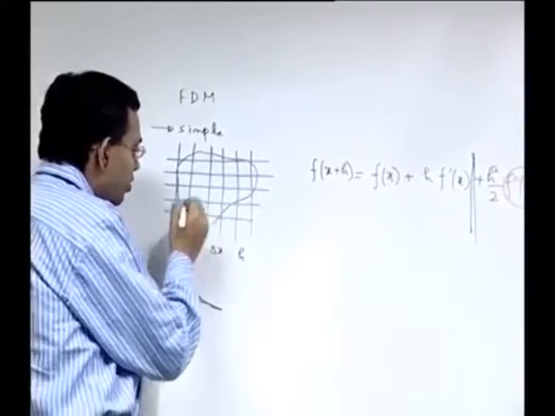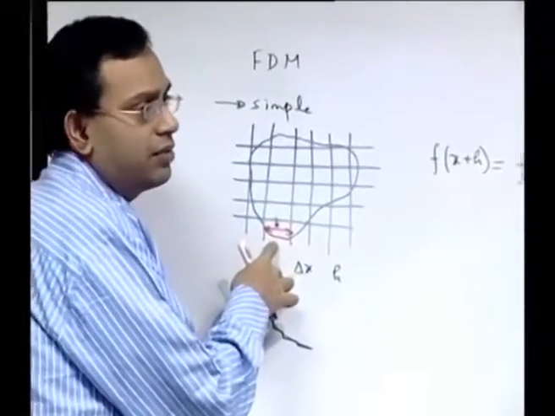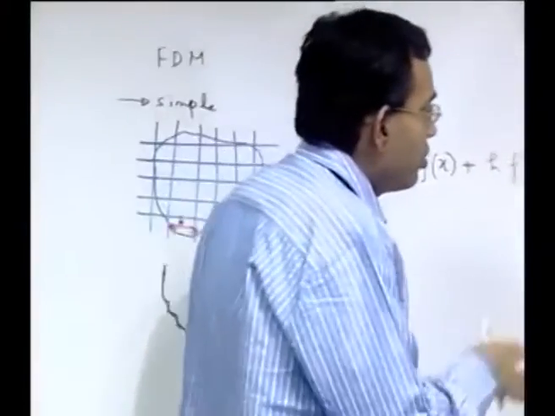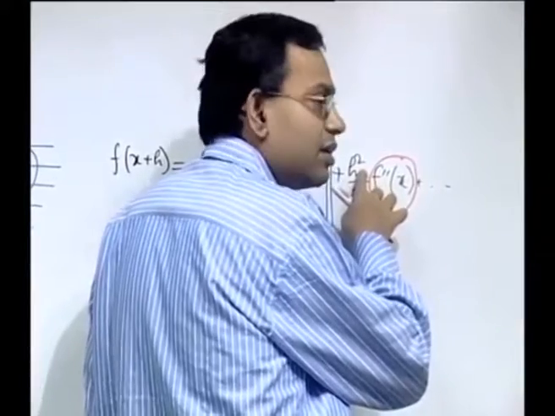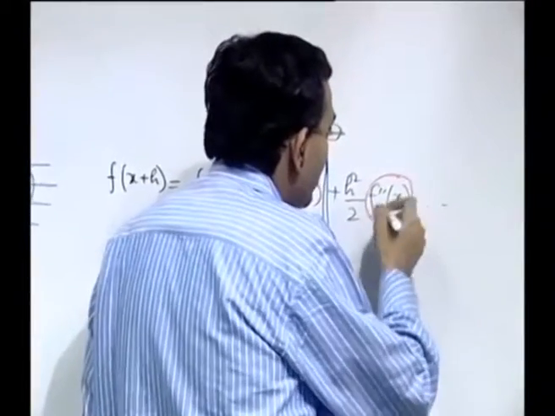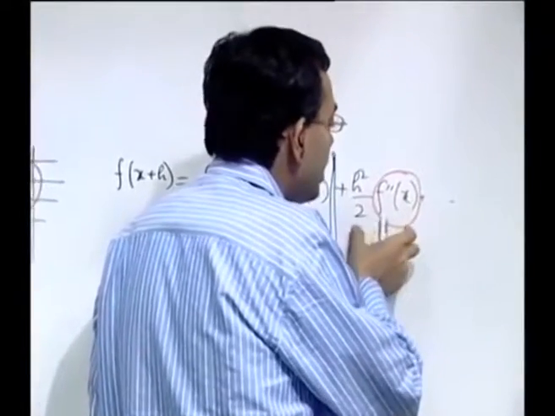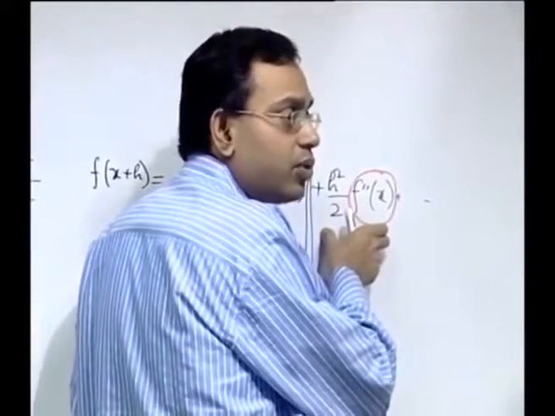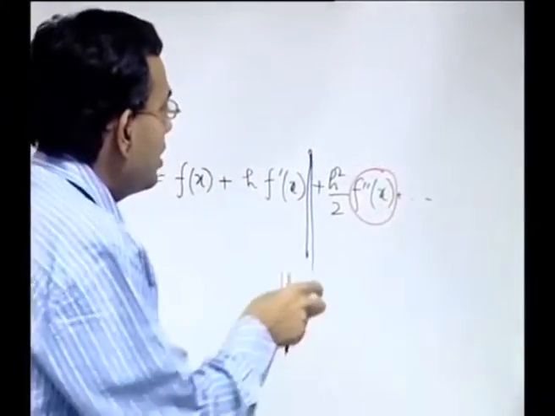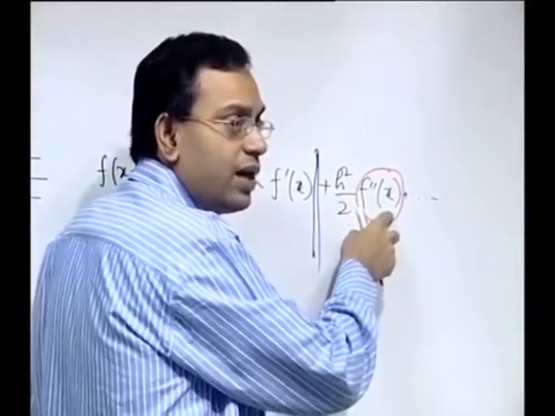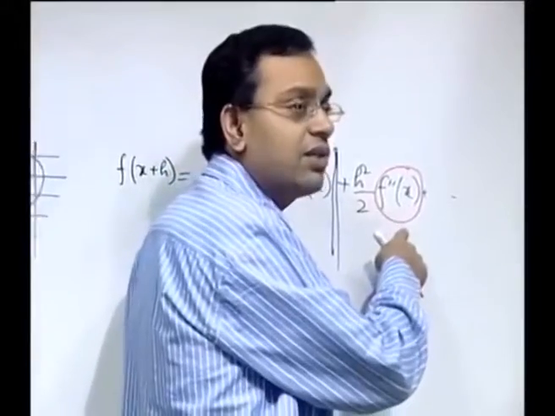So what you can do at most is take a small number which is not tending to 0 but very small. Then if h is a small number but not really tending to 0, f double dash x also has a role to play in dictating how small or how large the product will be. Usually in finite difference analysis, when we are doing a Taylor series expansion, this part is often neglected.